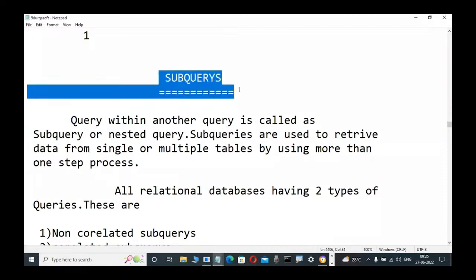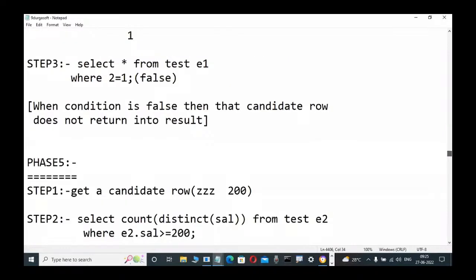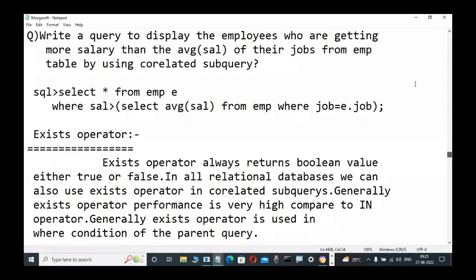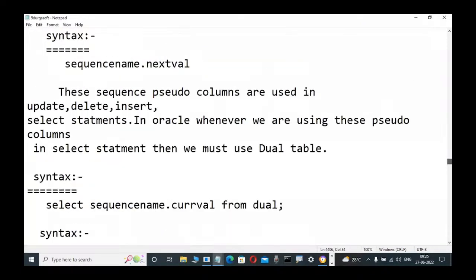This chapter is a main concept in every database's SQL, not only Oracle, but SQL Server, MySQL, DB2, Sybase, Informix, all databases on the SQL language side. So many queries we are learning. It is a big concept, a big chapter. Again, on our SQL language side, some database objects are there: views, sequences, synonyms, so many things.